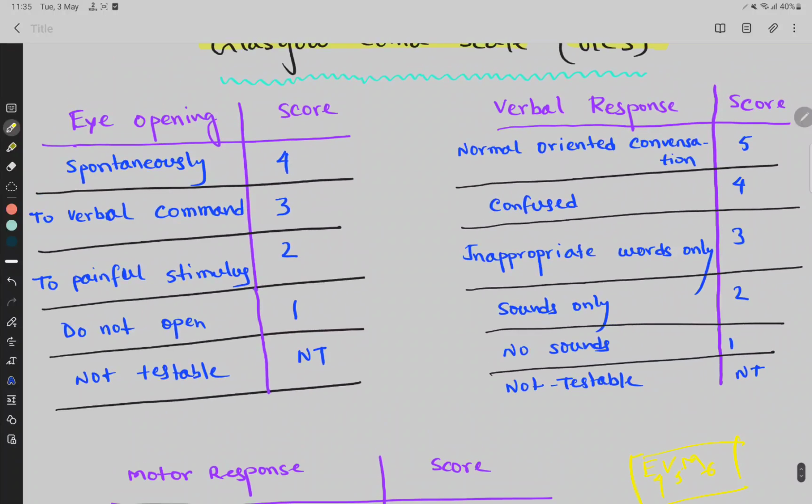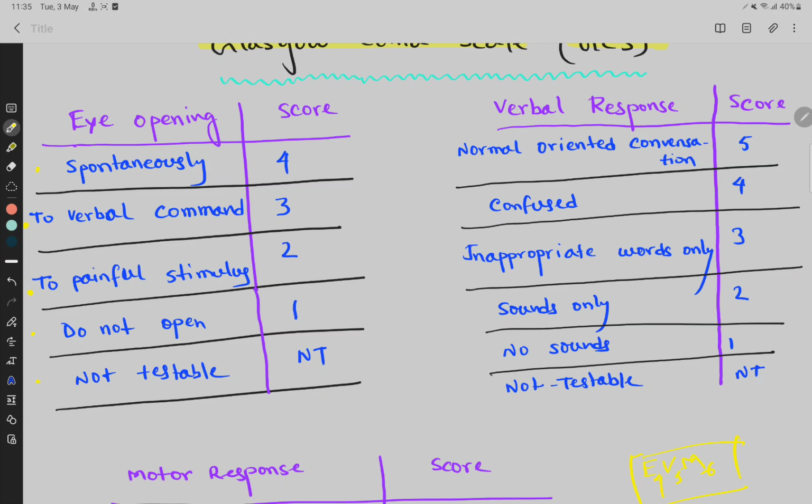So number one is eye opening. If the patient can open his eyes spontaneously, that is called spontaneous, and the score is 4. To verbal command, the score is 3. To painful stimulus, it is 2, and do not open, 1.